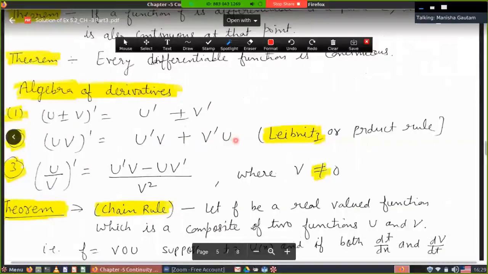That is known as the Leibniz theorem or product rule. If functions are written in quotient form u upon v, the derivative is v square in the denominator, and in the numerator v as it is times derivative of u minus u as it is times derivative of v, where v is not equal to 0. You have done this algebra in class 11th in the chapter limits and derivatives. Same is here.